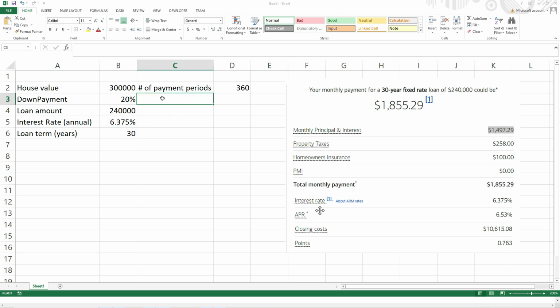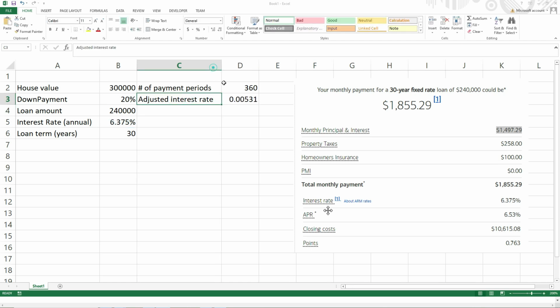Number two, we also want to adjust the interest rate because our interest rate is annual, so we want to adjust it to monthly. I'm going to write adjusted interest rate, and I will simply divide this interest rate by 12 to calculate my monthly adjusted interest rate. And now we are almost ready to calculate our mortgage payment.